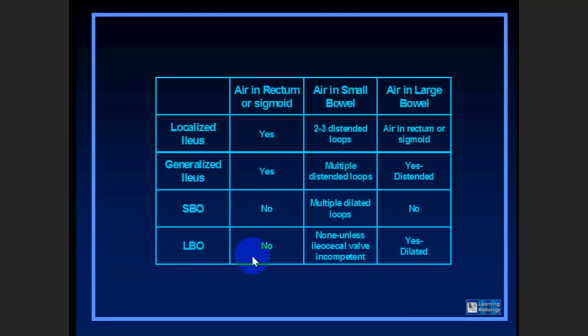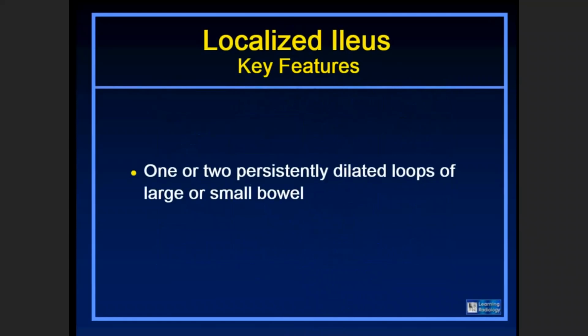In large bowel obstruction, if we look at the radiograph at the center for small bowel assessment, there is none unless the ileocecal valve is incompetent. We shouldn't see any air in small bowel unless the ileocecal valve is involved. This is the finding in small bowel obstruction, large bowel obstruction and ileus.